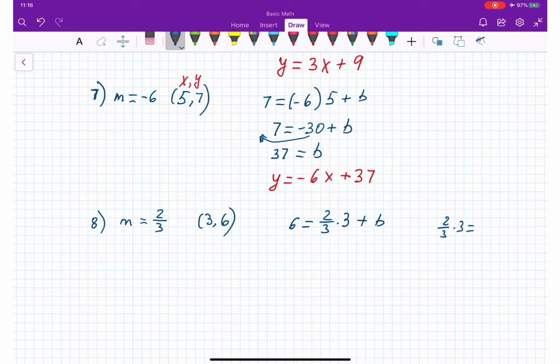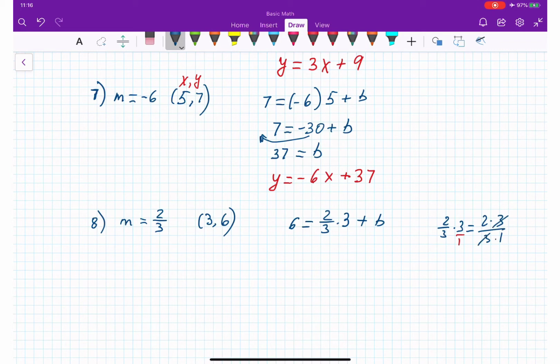Well, when we have 3, that means we can represent it as 3/1, right? When we multiply, we multiply numerator by numerator, denominator by denominator. 3 and 3 cancel, we get 2 only.